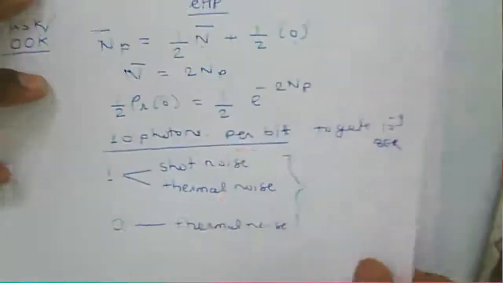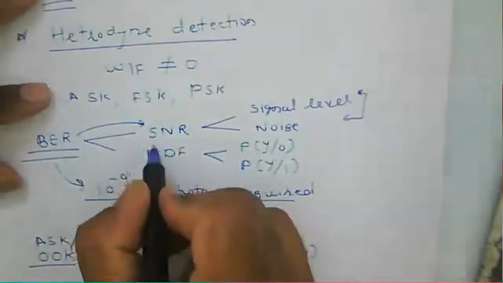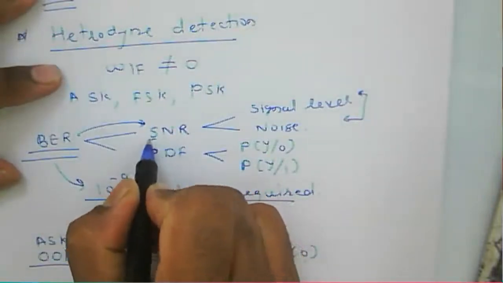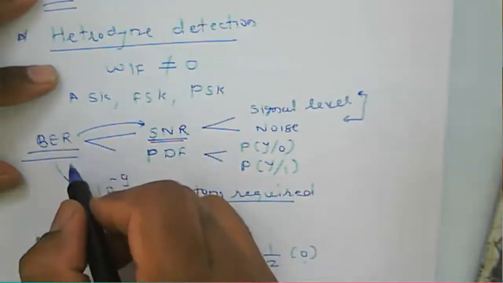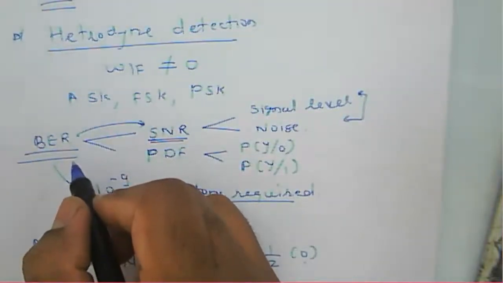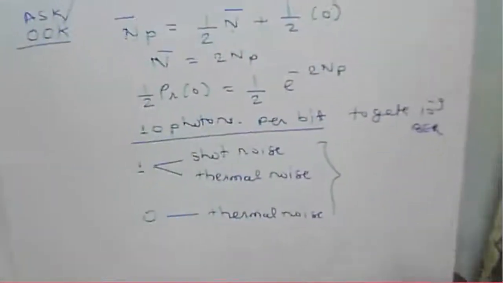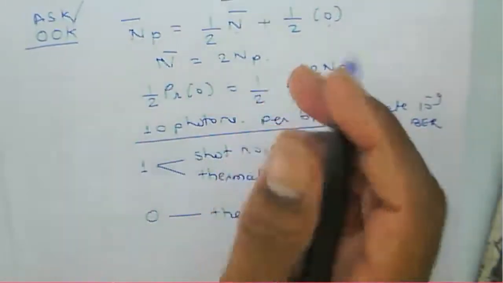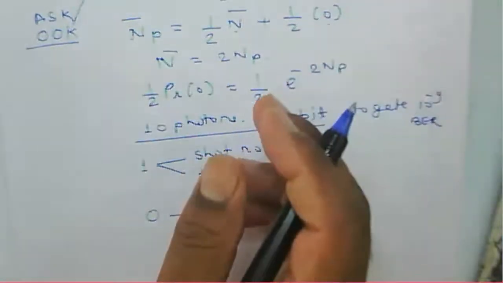So for a given particular condition of the noise, what will be the signal to noise ratio so that we get a 10 to the power minus 9 BER there? So we say here what will be the minimum power required, and that minimum power required is nothing but a quantum limit for the detector there.